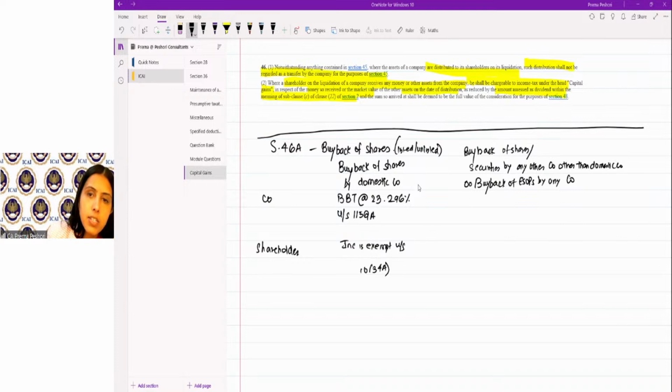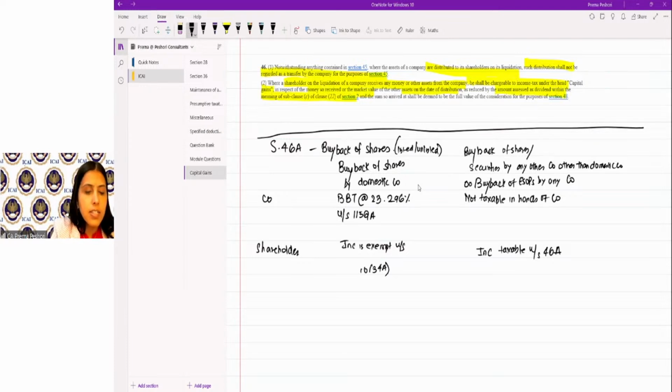So that is not taxable in the hands of the company. The income is taxable under the head capital gain in the hands of the shareholder. Are we clear? So that is taxable in the hands of the shareholder.